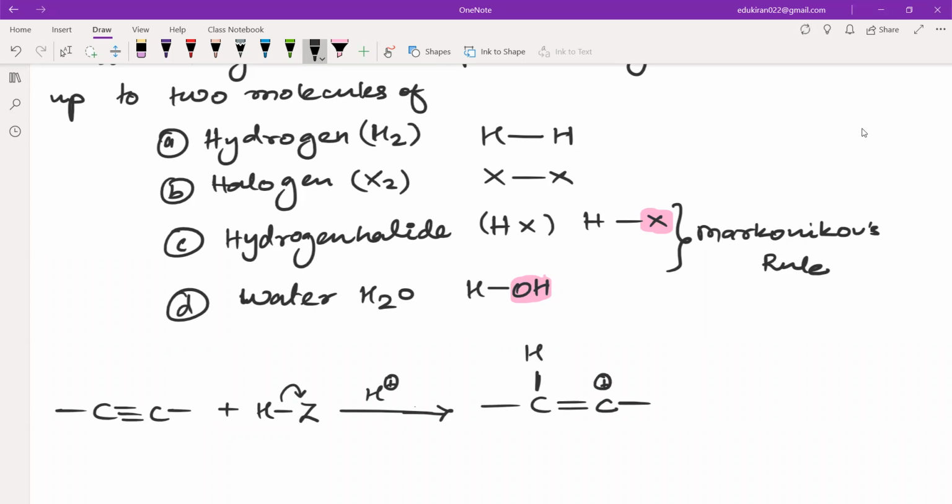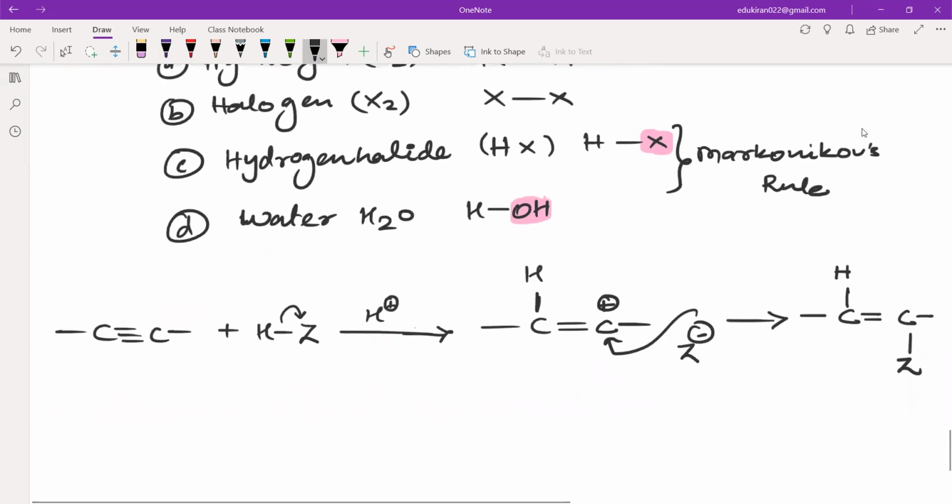If you are forming a carbocation, it should be formed on the more substituted carbon. Then you have the Z minus, I'm sorry, Z minus, not Z plus. The Z minus will attack on this carbon and you are going to get Z, and you will get H here.